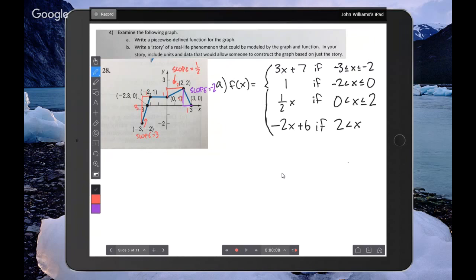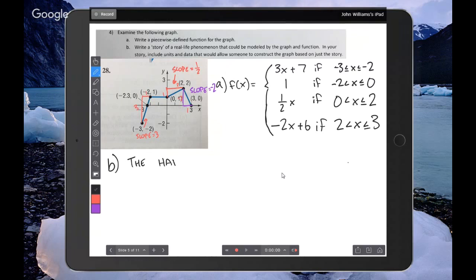For part B, let's see. In general, I like distance time graphs. I think they're pretty easy to understand. Let's see.